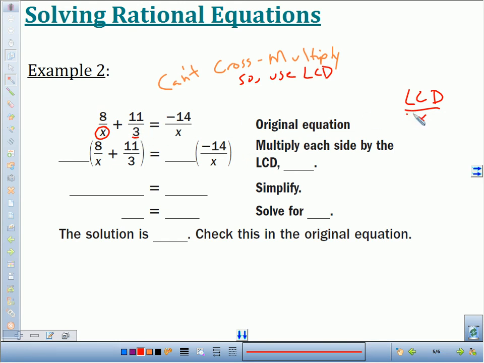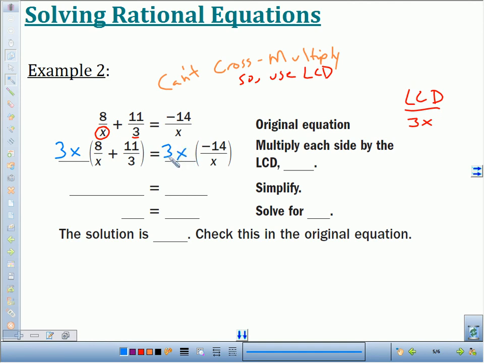And it looks like that's 3. So we'll have 3 times x, so 3x. What's in the third denominator that's not in the LCD? And the answer is nothing. The LCD 3x already has an x in it. My LCD then is 3x, and I want to multiply both sides by 3x.